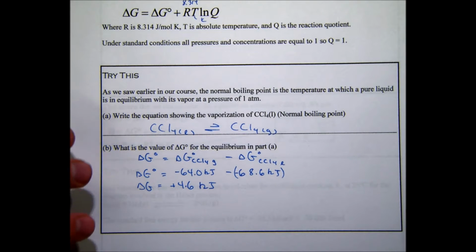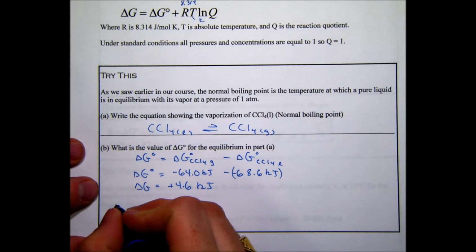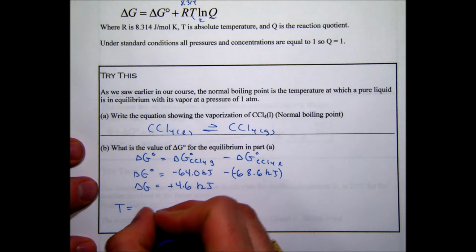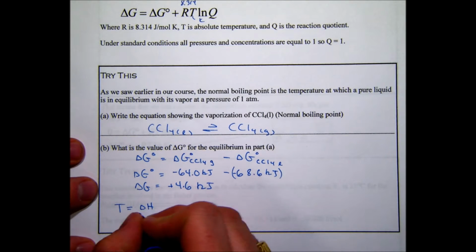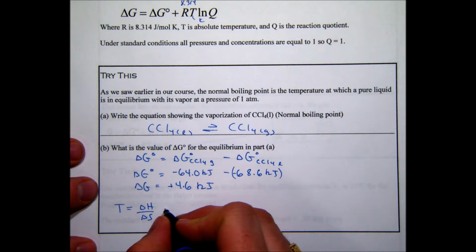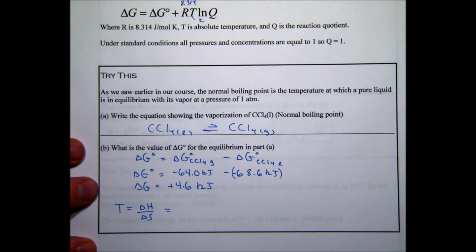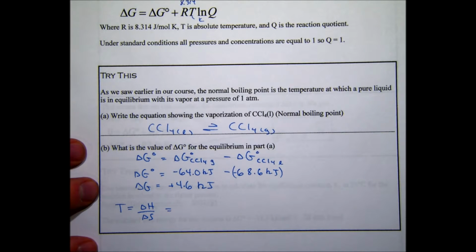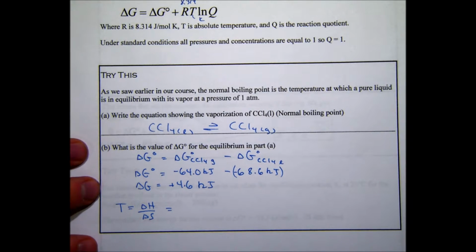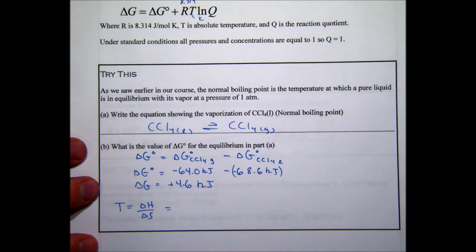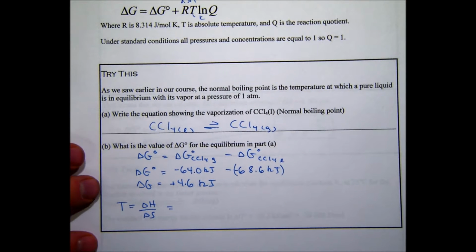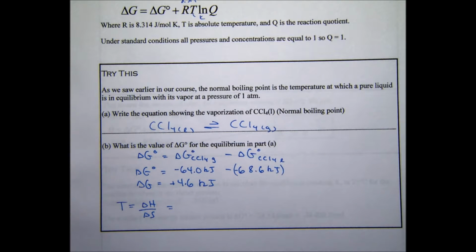So the question now is what temperature will this boil? We know from just a minute ago that delta H over delta S will give us the temperature. So in order for us to calculate what temperature this will actually boil at, I know it's not part of the question, but it becomes pretty relevant here, all we have to do is calculate the enthalpy and entropy.